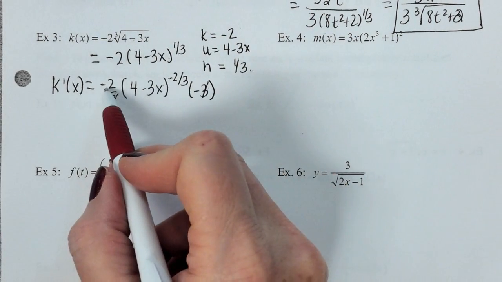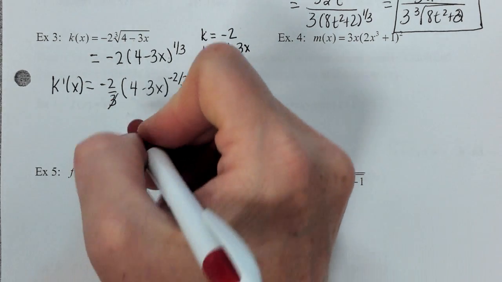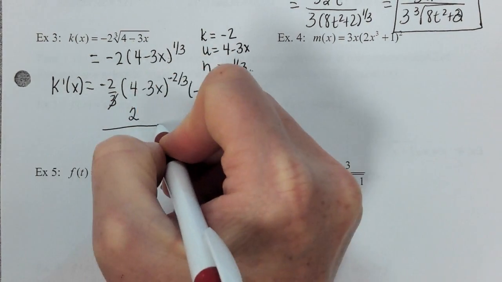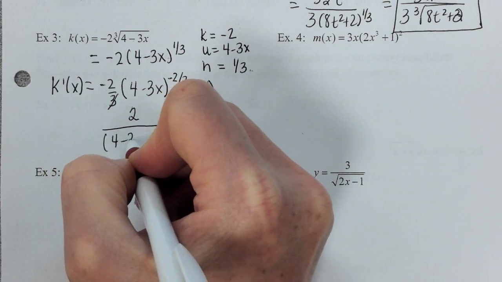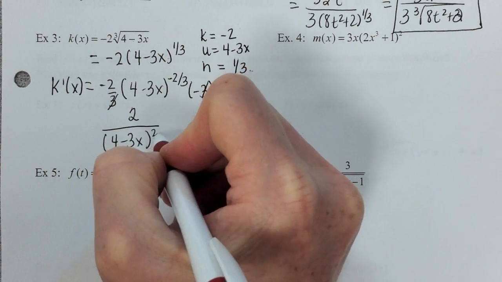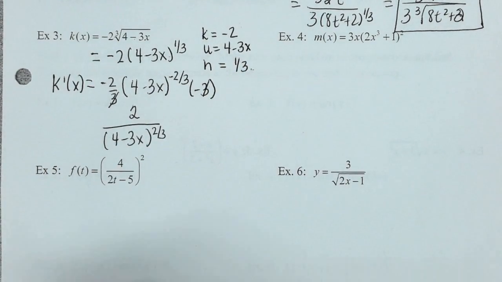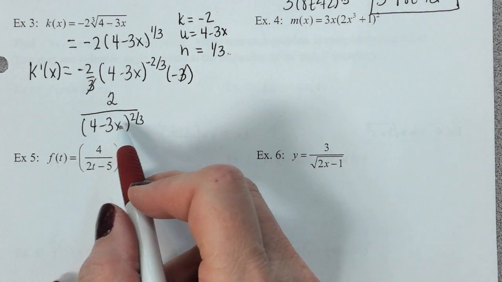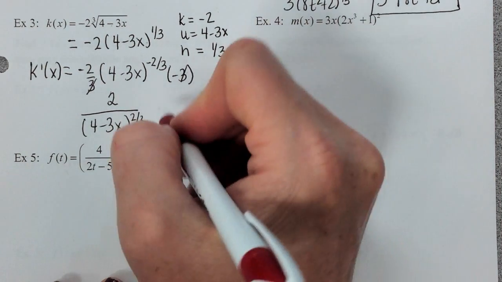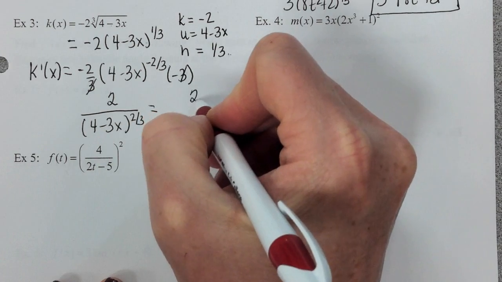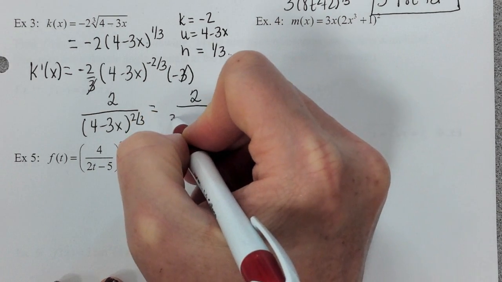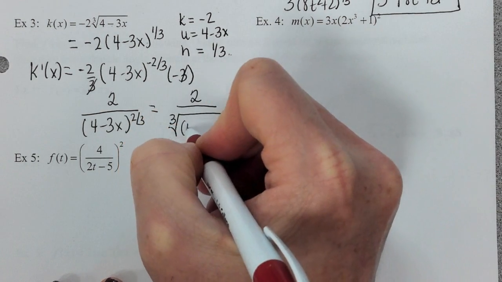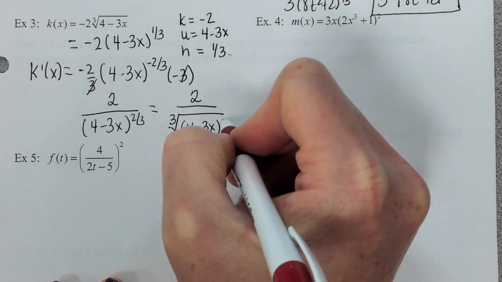A negative times a negative is just going to give us a positive 2. And then on the bottom we have 4 minus 3x to the positive 2/3. This would be the correct answer if we use rational exponents. If we wanted to write it in radical form, it would be 2 over the cube root of 4 minus 3x squared.